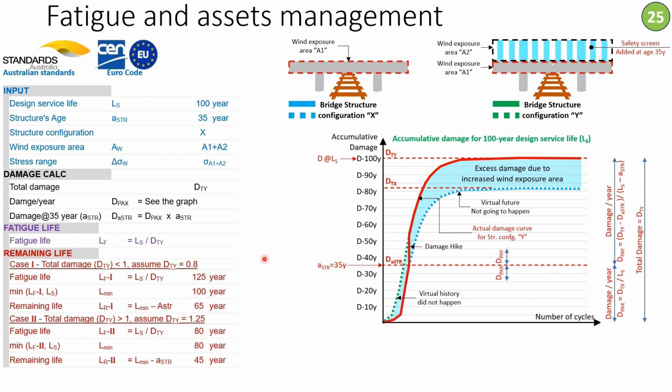Whichever is a smaller value, we stick to that value to be the actual life that the structure should be able to serve without any significant deterioration in the behavior or in the reliability of the performance.